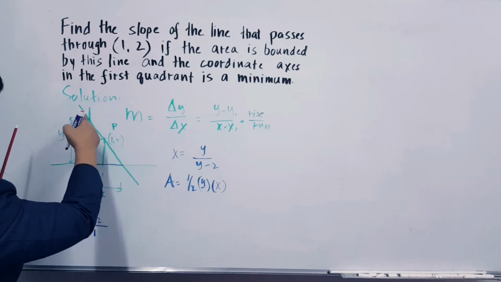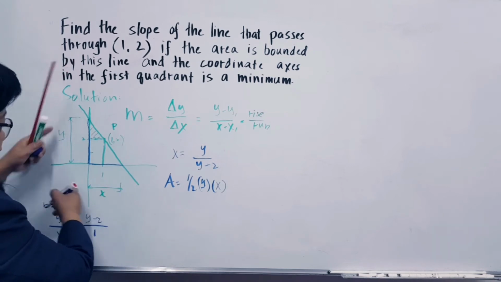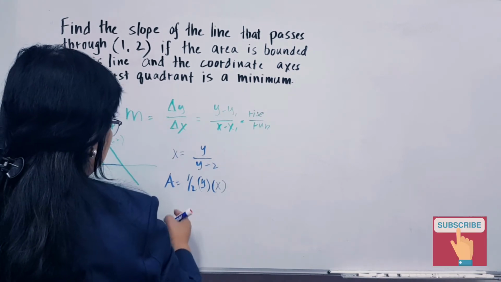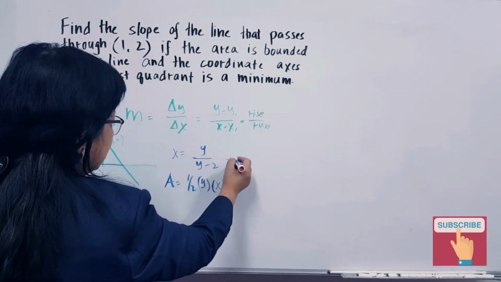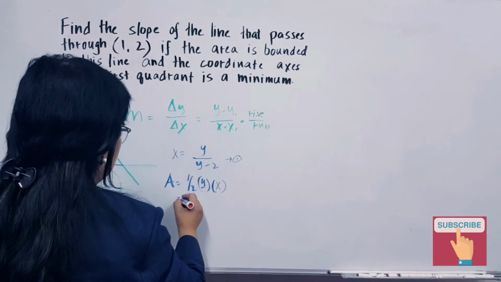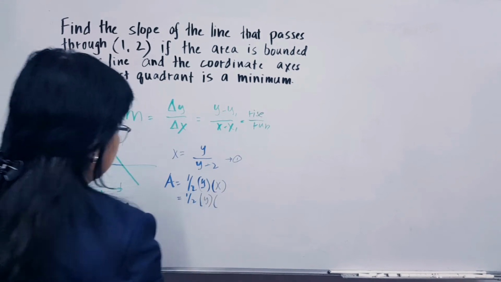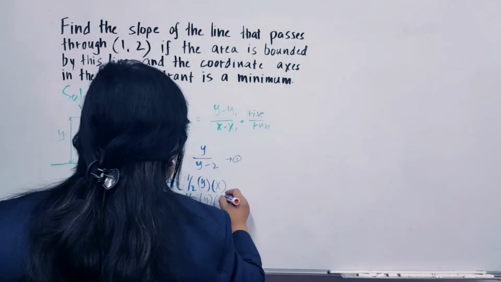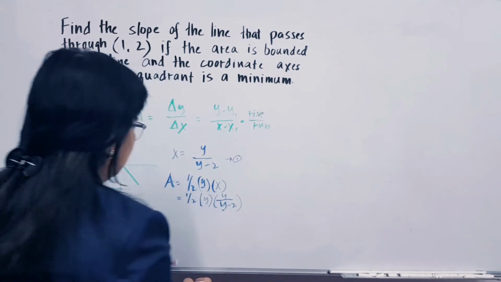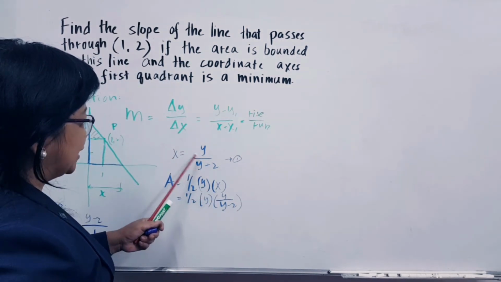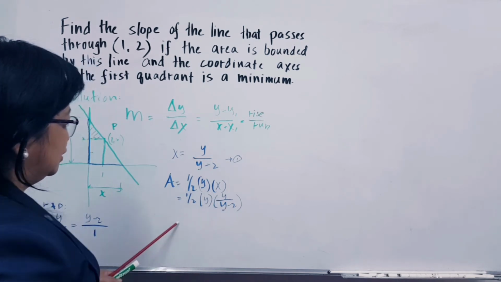We have to find the area bounded by this line, this area. So it is equal to 1/2 the height times the base. Now we can substitute the value of x here. Area is equal to 1/2 times y times x, and we substitute the value of x, which is equal to y over y minus 2.